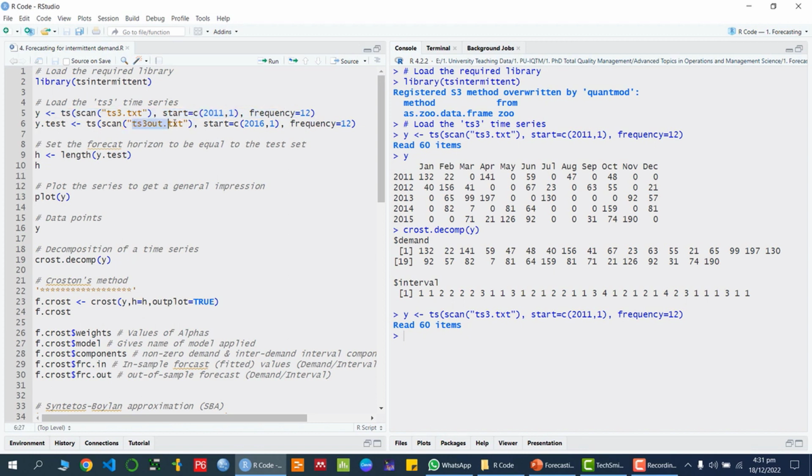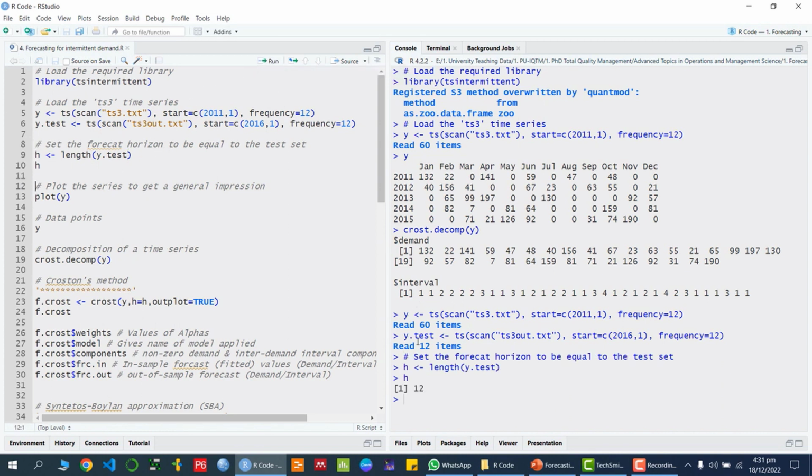And then we have test data in a file called ts3out.text, which I am storing into the y.test variable, which are the 12. And then I am setting the forecast horizon, that is equal to the length of the test data, which is basically 12, because we have 12 items.